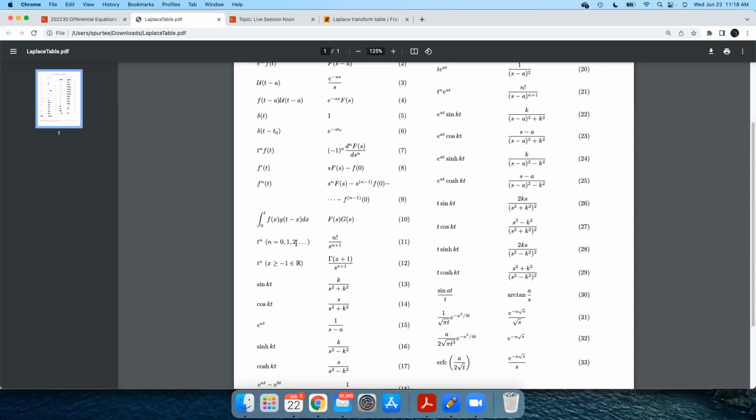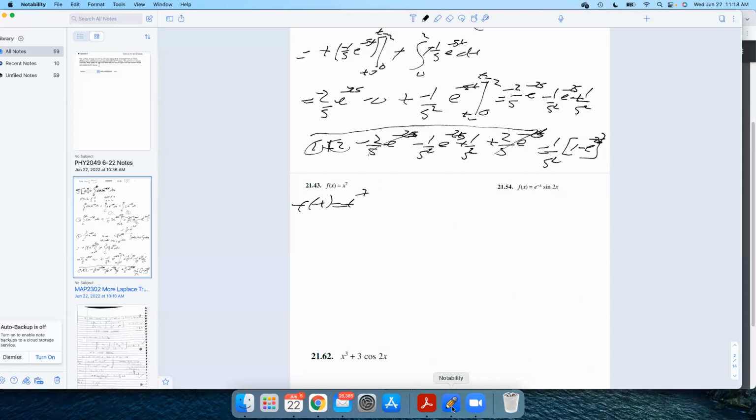So we're using this formula right here. It says on top, we're going to have n factorial. On the bottom, we'll have s to the n plus 1. So the Laplace transform of t to the 7th will be the exponent factorial over s, and then the exponent goes up by 1.